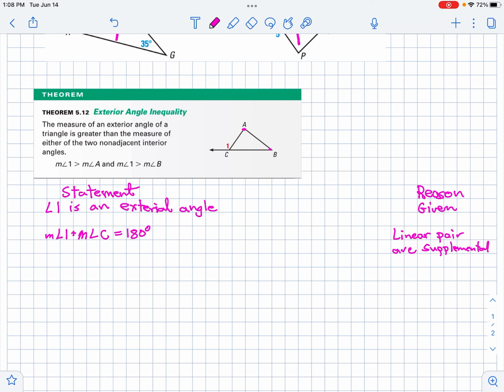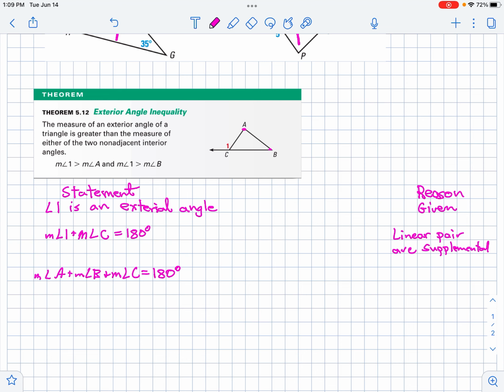Now, we also know this. We also know that the measure of angle A plus the measure of angle B plus the measure of angle C, we know that that is 180. Because, and the reason we know that, let me give myself a little more room over here. Move this down.